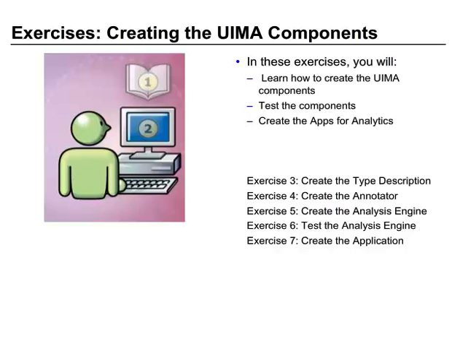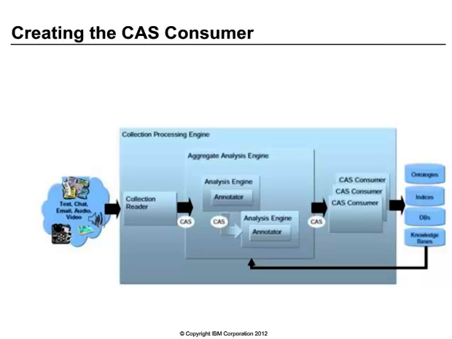5. Create the application. Now that you have done your analysis, it is time to put the data that you gathered into a form of structured data. The CAS consumer will get the information in your CAS and put it into a database, a structured flat file, or an XML document. There are other options on how to do this, but the important thing is, your unstructured data is now in a structured form.